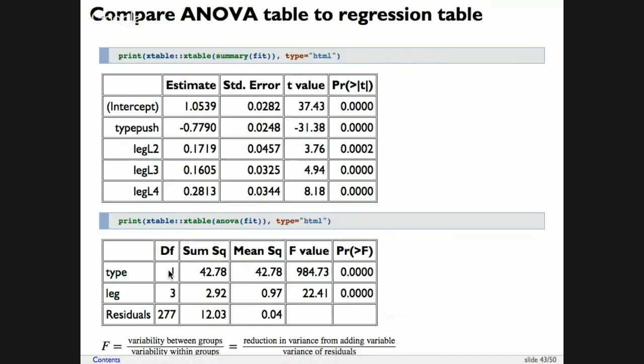And I kind of like, I mean, anova uses the same fitted object. aov takes a model formula. So you would specify the model formula here. I kind of like this way just because I probably want to see the coefficients as well as the analysis of variance.